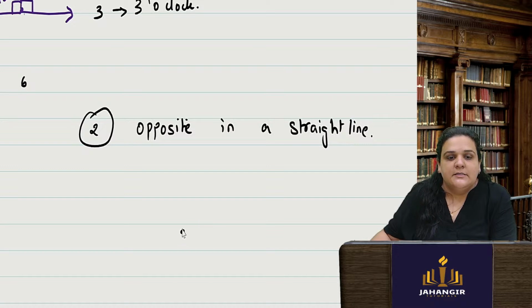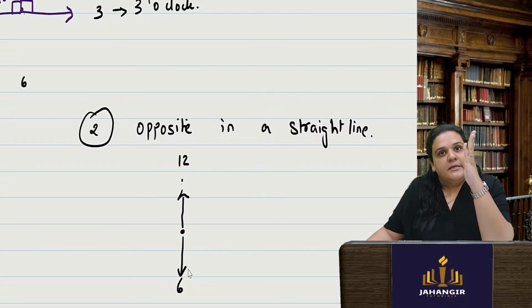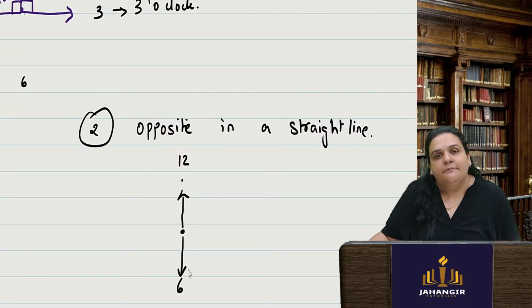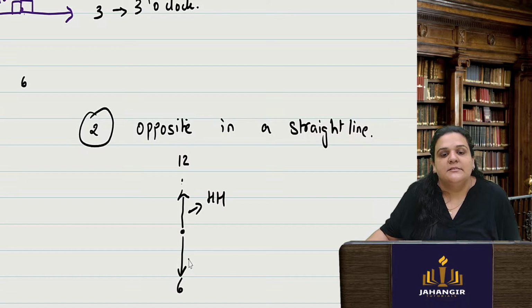So say this is the center, this is 12, this is 6. If I say it is 12:30, it is going to be in a straight line. This is the hour hand and this is the minute hand.